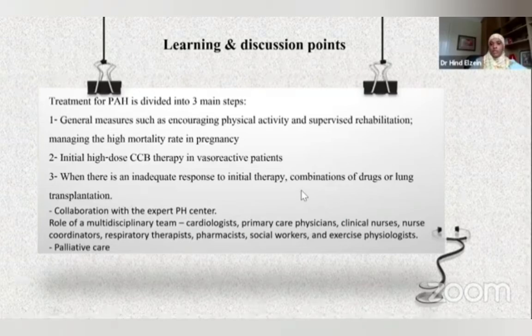This team usually includes the cardiologists, the primary care physicians, clinical nurses, the coordinator nurses, the respiratory therapists, pharmacists, social workers, the physiotherapists and exercise physiotherapists. All these teams are involved in the management of this patient. And also palliative care has a role, because at some stage those patients might be referred for palliation.